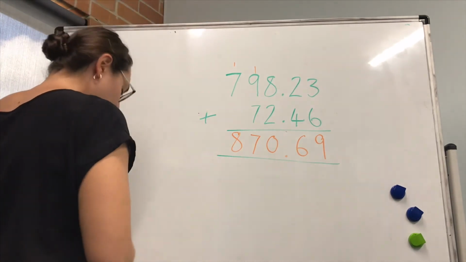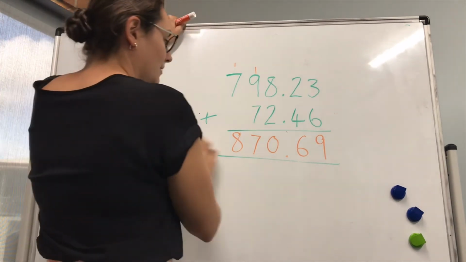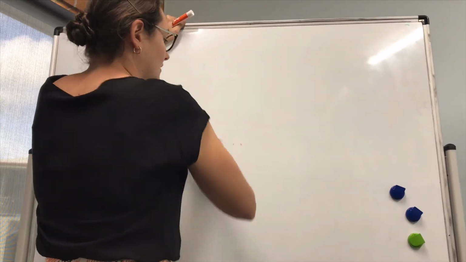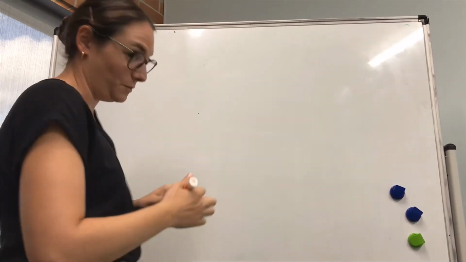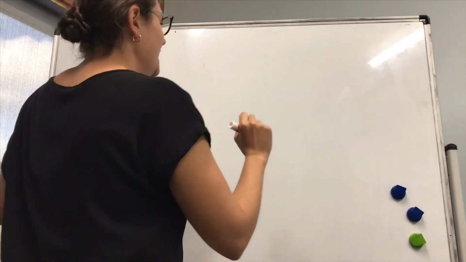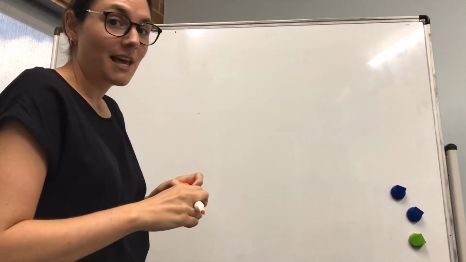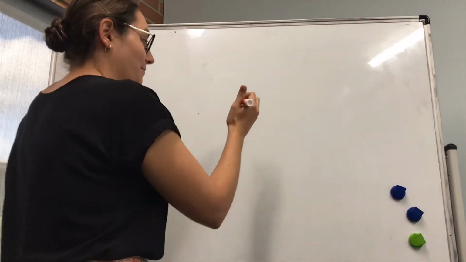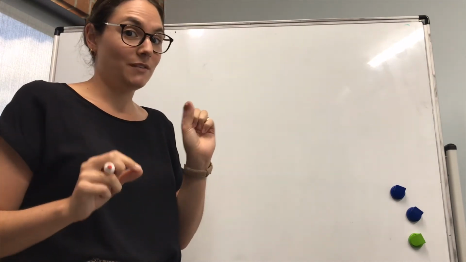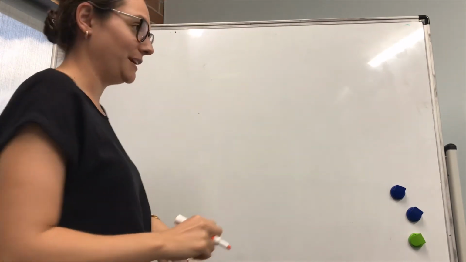All right. One other thing I'd like to show you, and then you're going to have a special mission to complete on Google Forms, is when you have decimal numbers that have different amounts of decimals, there are some easy ways to make sure you don't get confused.